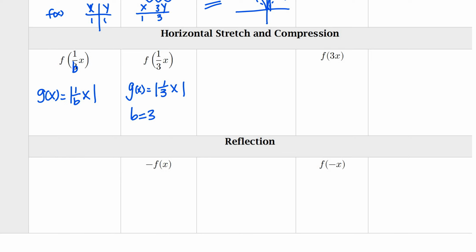So what it means is that this is a horizontal compression by a factor of b, where b is 3.